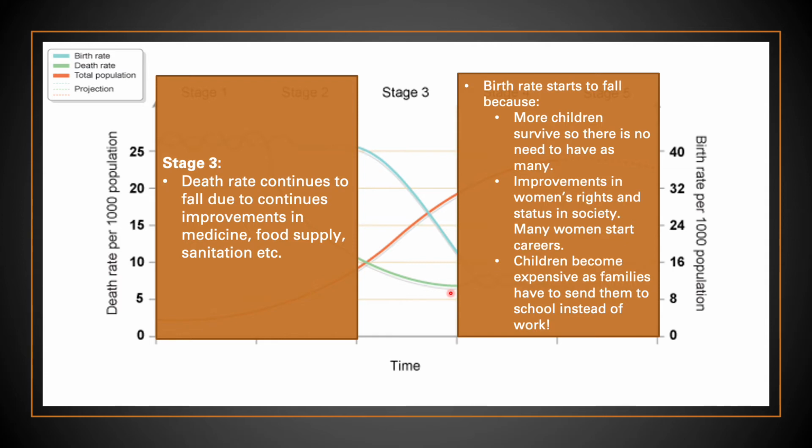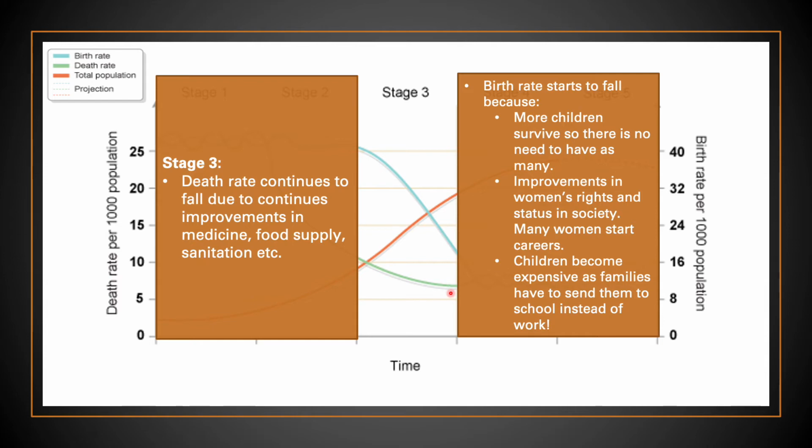But you'll notice the birth rate in this stage starts to fall as well. So this is because more children survive, so there's no need to have as many. And as I said, improvements in agriculture mean you don't need as many children to help you farm. You don't need as many children to help you go out and earn the family money.